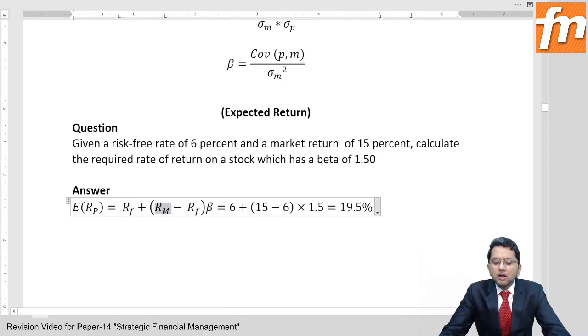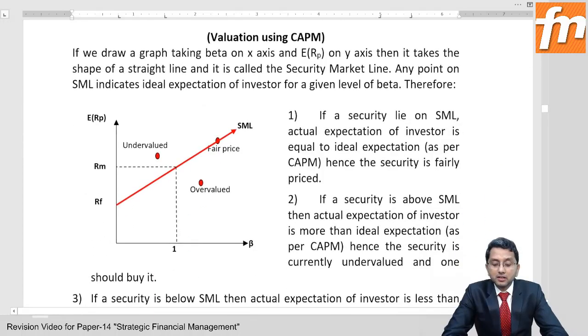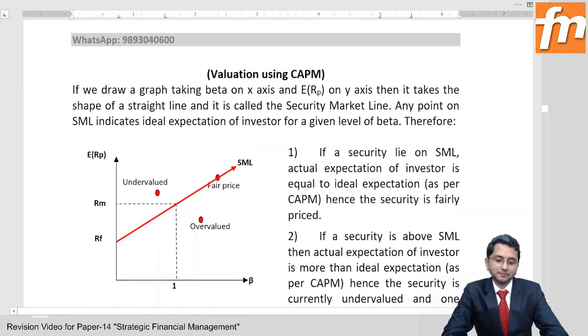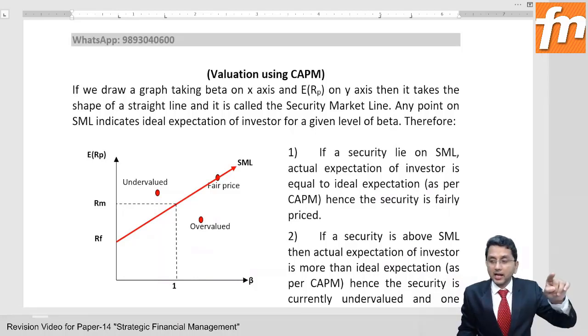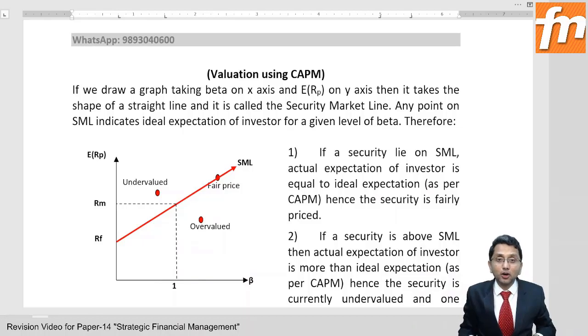That's mathematically. Logically, if beta is equal to 1, it means my risk is same as the market risk. So I deserve a return same as the market return. This straight line, this red line which you are seeing, is named the security market line, SML.